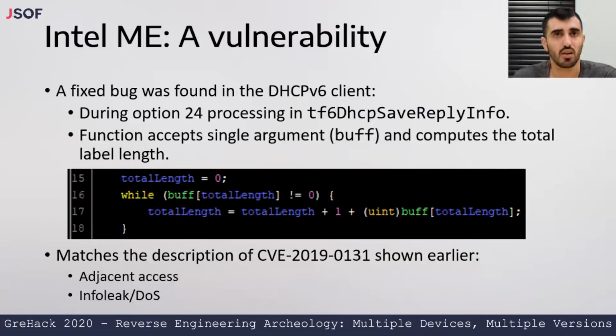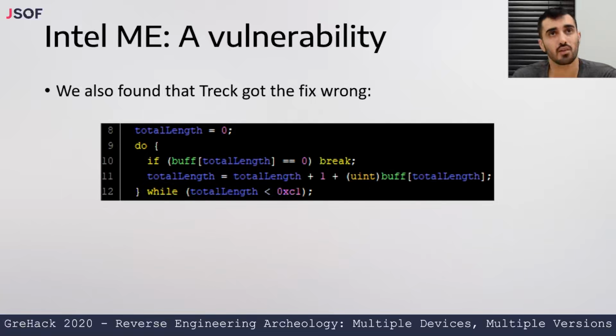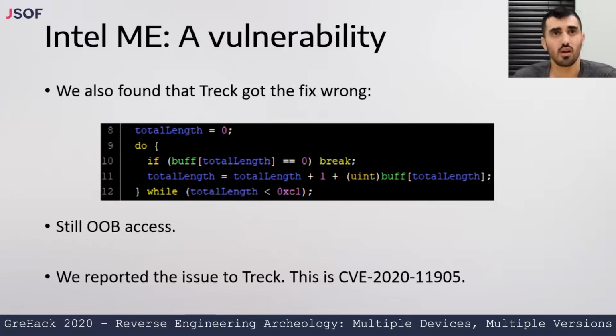So we thought we found this vulnerability, and we also found that Treck got the fix wrong. You can see in this snippet of code, which is from a newer version of Intel AMT, that they now check the total length value against some constant, but you still have out-of-bounds access.